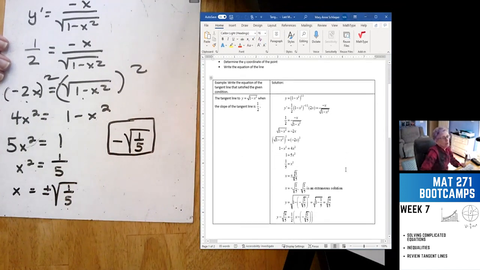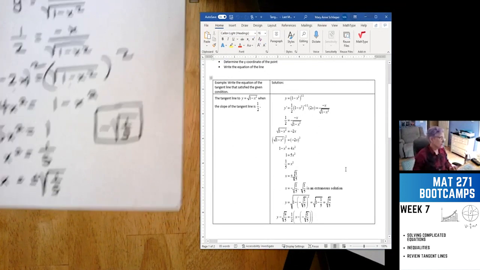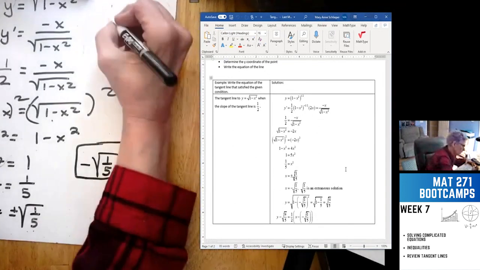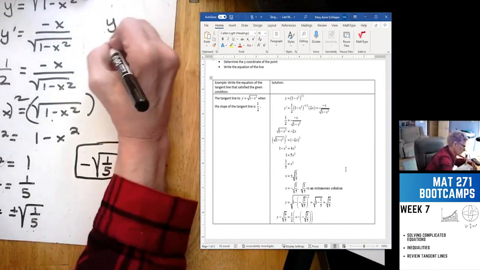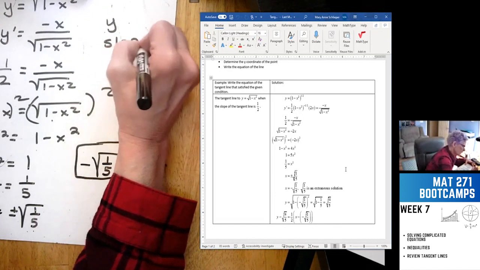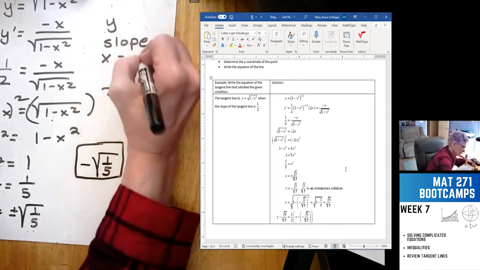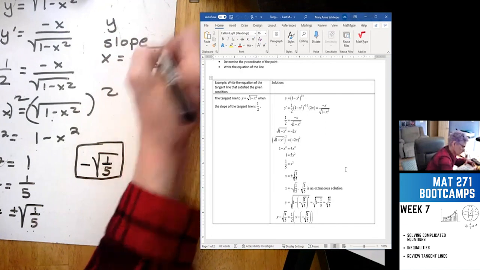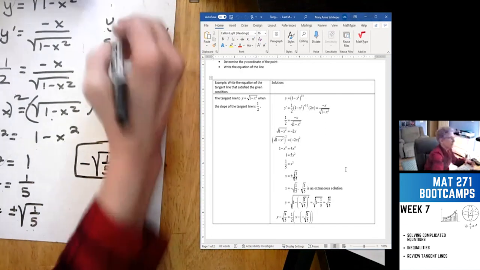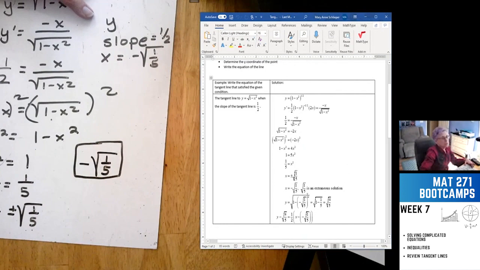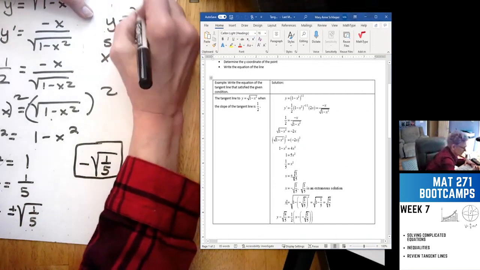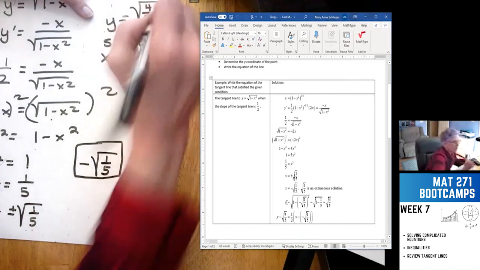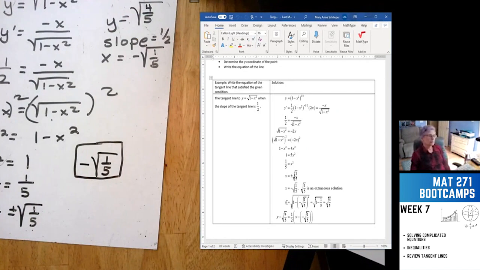And what do you need in order to write down the equation of a line? You need a y value, you need a slope, and we have our x value. We have our slope, we need our y value, so we would plug negative square root of 1/5 into y, and we get the square root of 4/5.